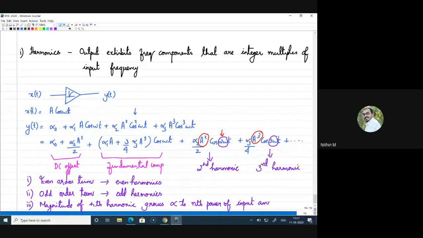These are my observations from the polynomial expression, right? So the nth harmonic magnitude is growing in proportion to the nth power of the input amplitude. Now one more thing I can make out, as I mentioned, DC offsets are generally produced by even order nonlinearity. Maybe that we will see a little later, right?